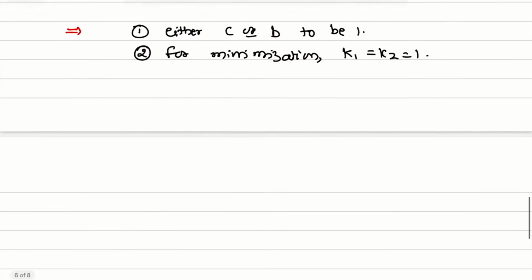Now, let c is equal to 1, k1, k2 equal to 1. It is the case of minimization we are talking about. A is equal to c plus 2023 into k1, that is 1 plus 2023 into 1, that is equal to 2024.